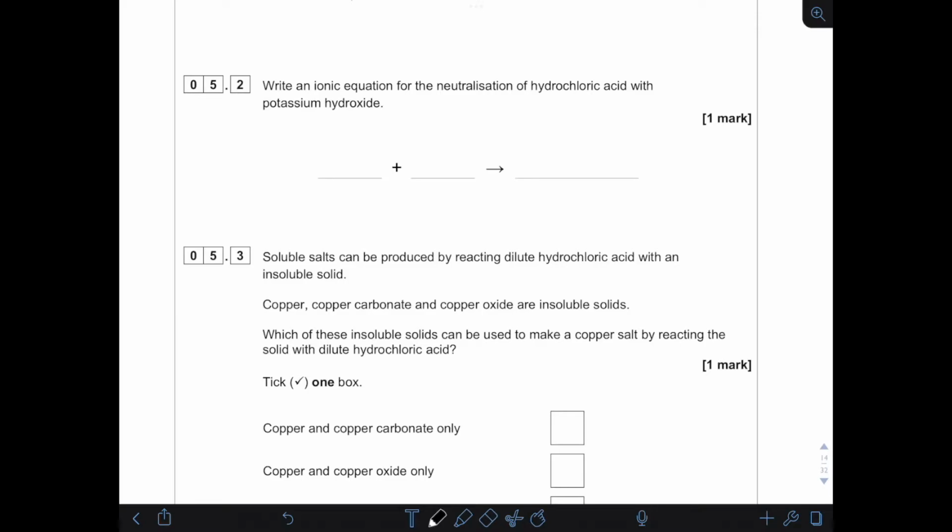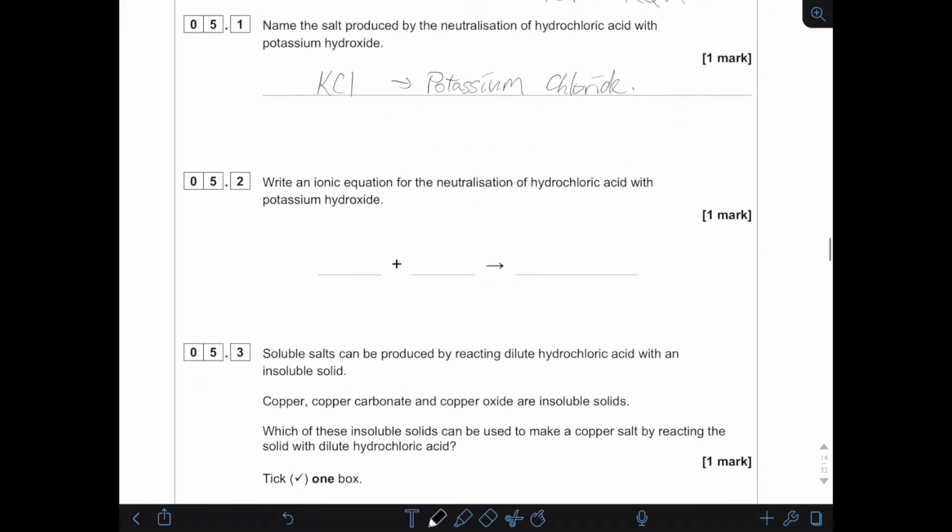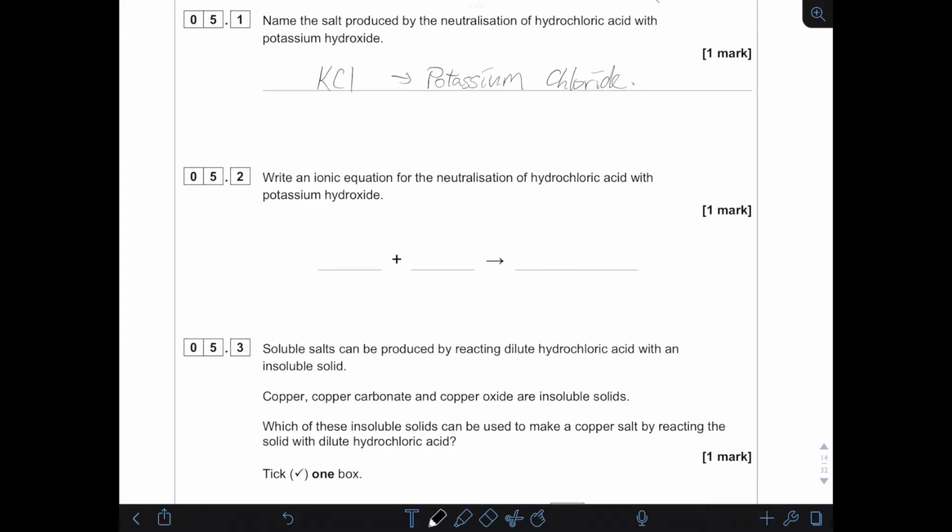5.2, write an ionic equation of neutralization of HCl with KOH, right? So I kind of already did. Right, okay. Well, this is kind of silly because the potassium and the chloride are just counter ions in this case.